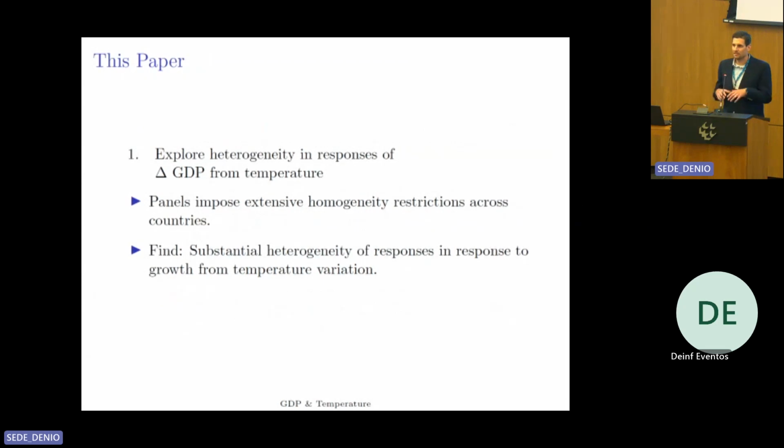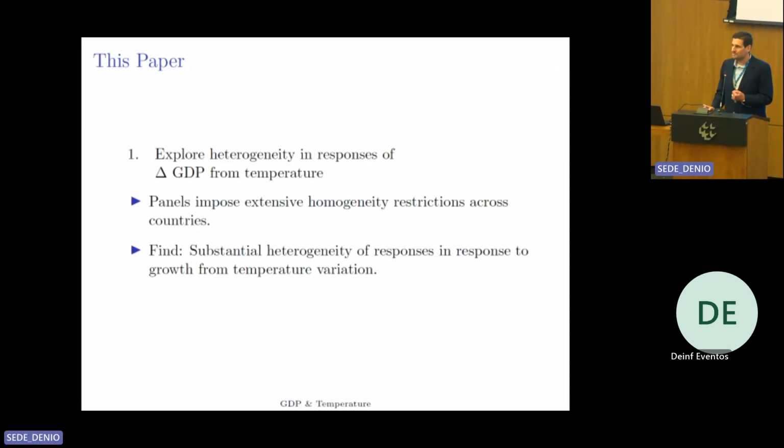You could think about it in terms of the magnitudes, but I think today's presentation is going to focus on sign. So we're not just thinking about all negative and what the distribution is. It's going to be negative and positive. There is substantial heterogeneity, and we'll see some patterns that emerge from this.